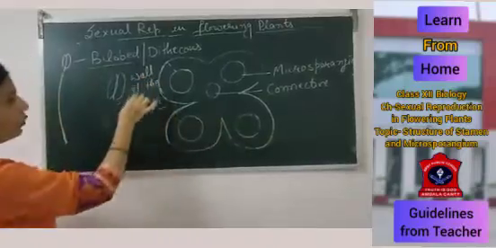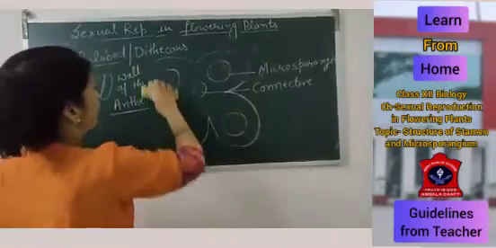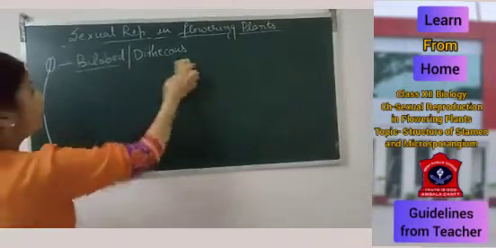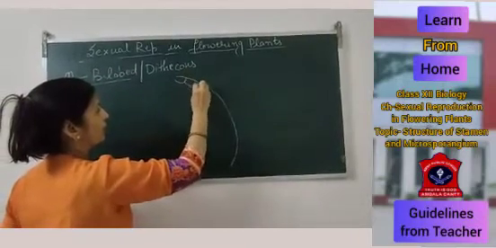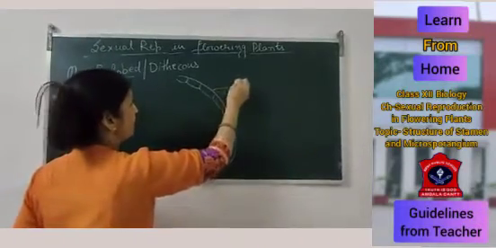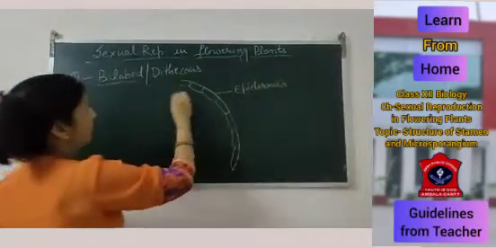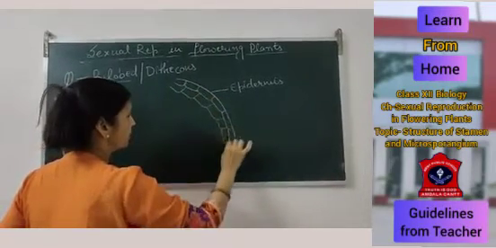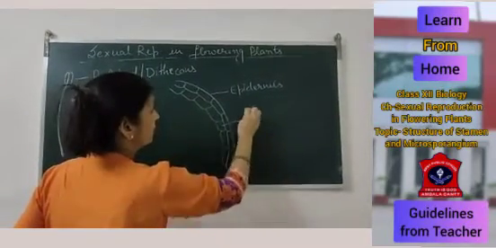Now we come to the wall of the anther. When we see this part in detail, we can see the various layers of the anther wall. The outermost covering is known as epidermis. It is a single layer made up of flattened cells, and it is protective in nature. Then we have again a single layer of cells known as endothecium.